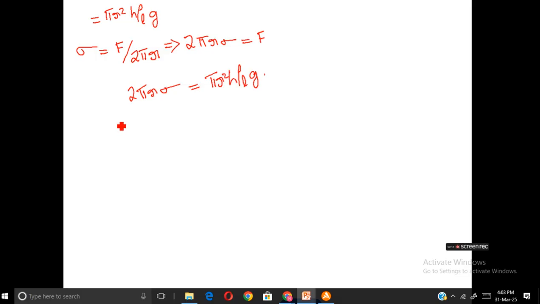The weight of the column over the liquid surface must be balanced by the surface tension at the meniscus of the tube.